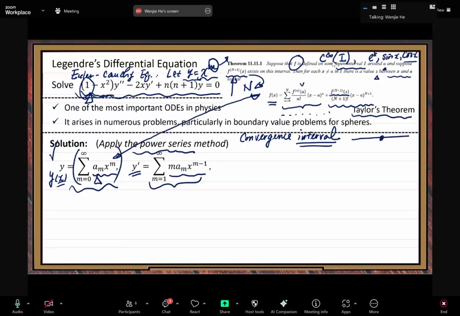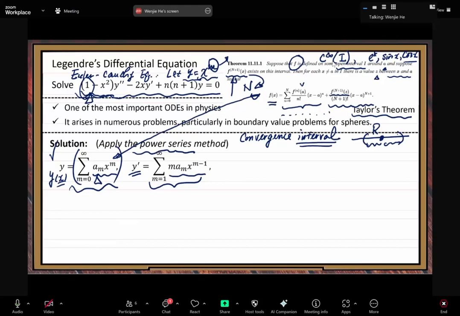The left half and right half have the same length, so there is a radius of the convergence interval. We can calculate this radius by a simple formula. You will see that later.